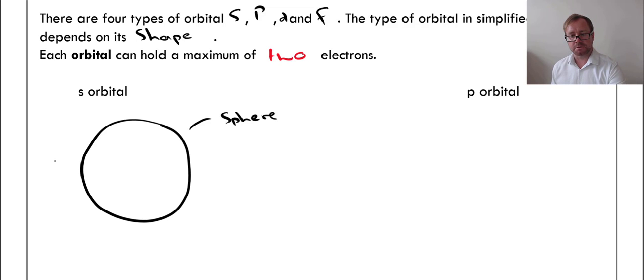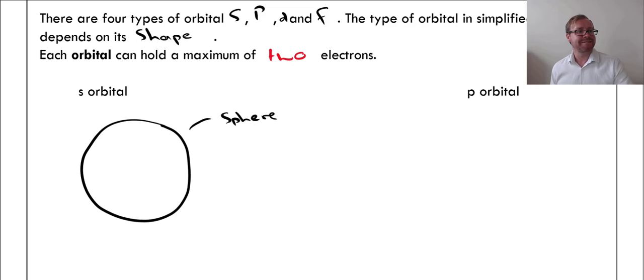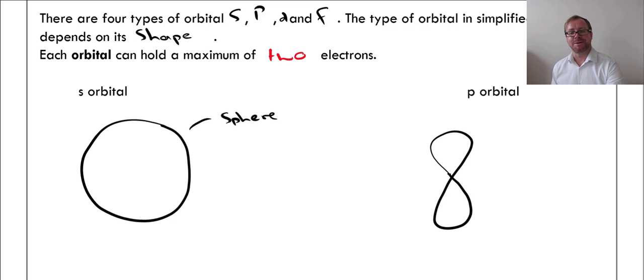And a P orbital doesn't look like this. Let's try that again. A P orbital, alright, that's a bit better. Looks like this. So it looks like a figure of 8. So these are the shapes.